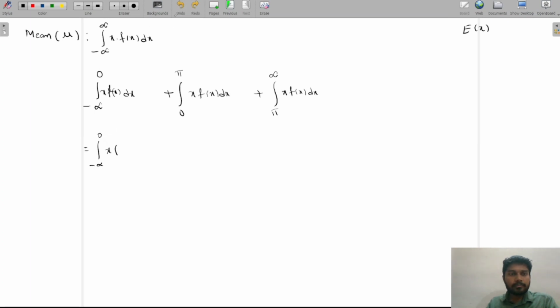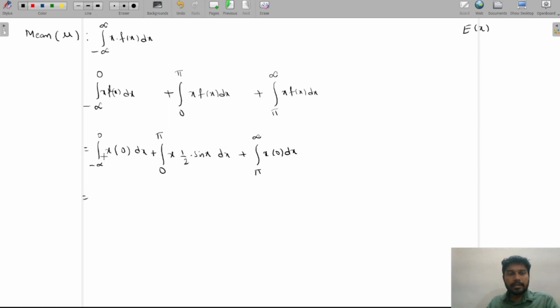As per my question, it is 0, so x into 0 dx, plus integration from 0 to pi of x into, at these limits, 1 by 2 sin x dx, plus integration from pi to infinity, where f of x is 0.